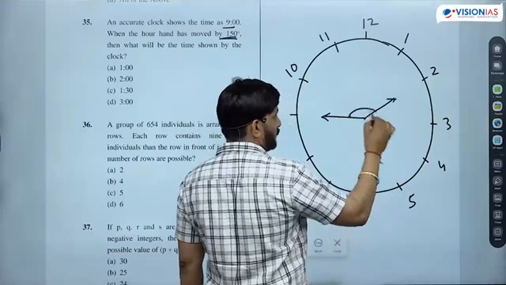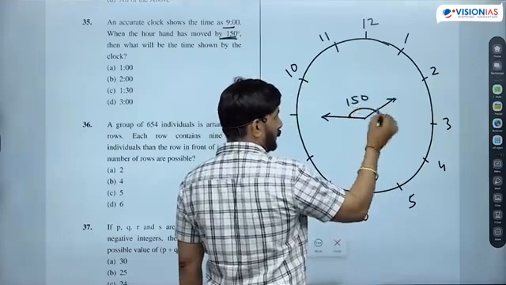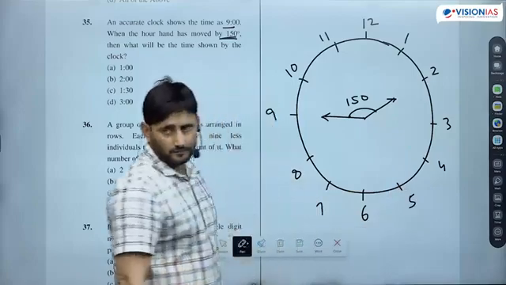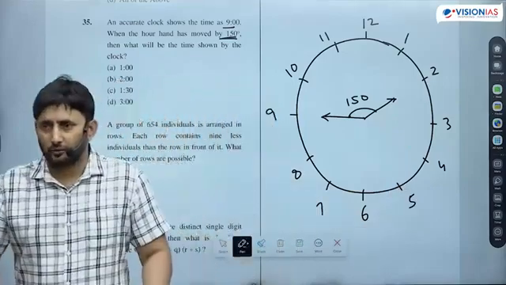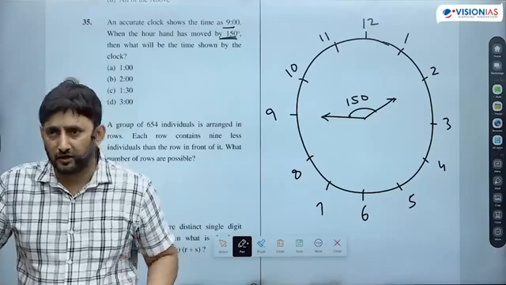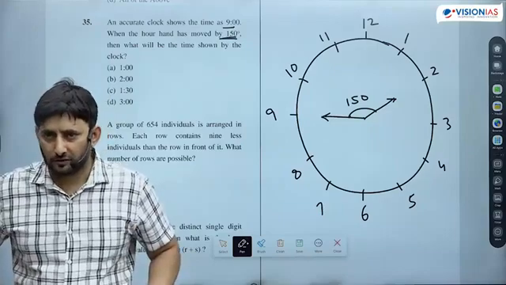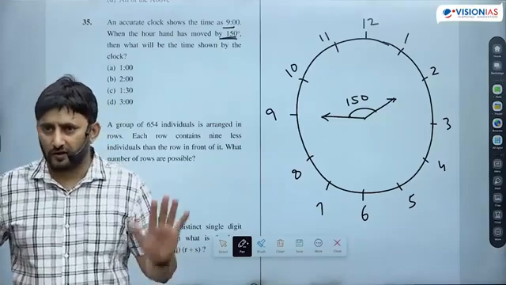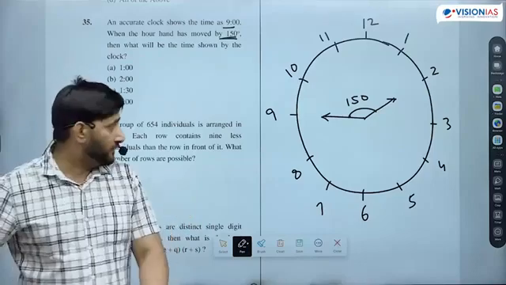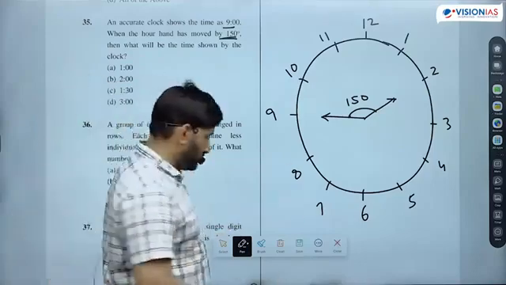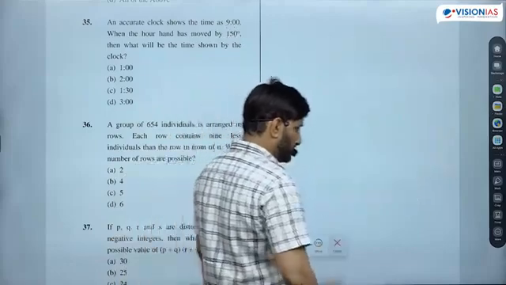So this angle will be 150 degrees, that is at 2 o'clock. The hour hand moves 30 degrees in 1 hour. So to move 150 degrees, it will take 5 hours. So after 5 hours, 9 plus 5 is 2 o'clock. 2 p.m. will be the answer.